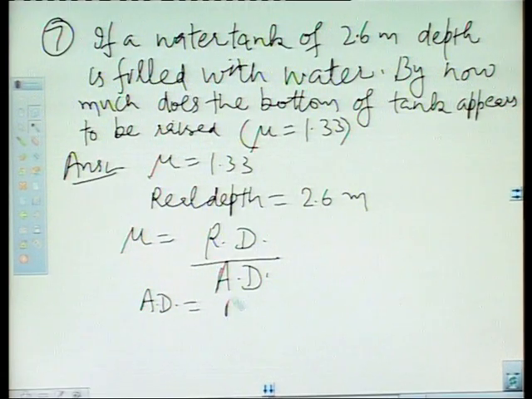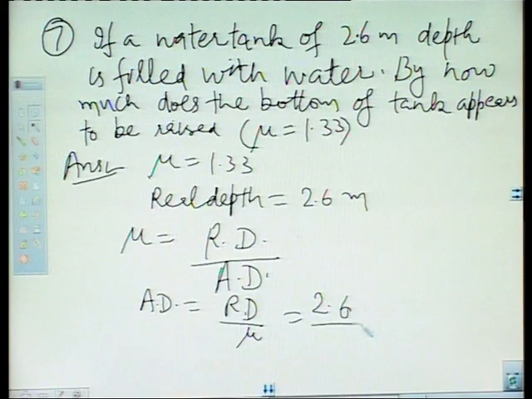Apparent depth is equal to real depth upon refractive index mu, which comes out to be equal to 2.6 divided by 1.3. It is equal to 2. Now the apparent depth is 2 meter.